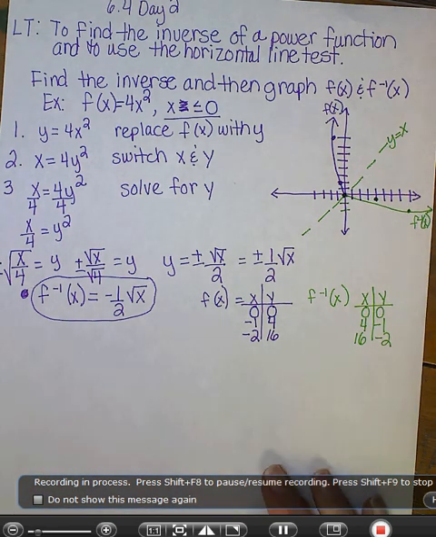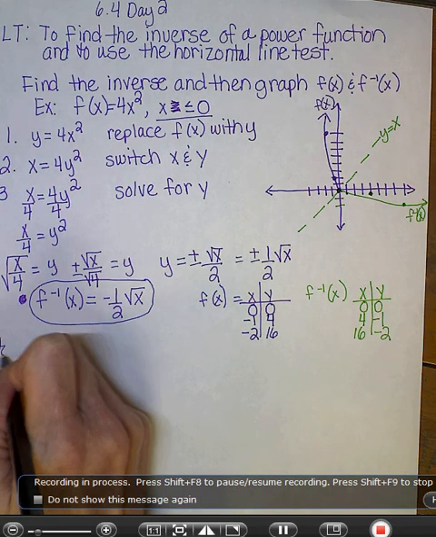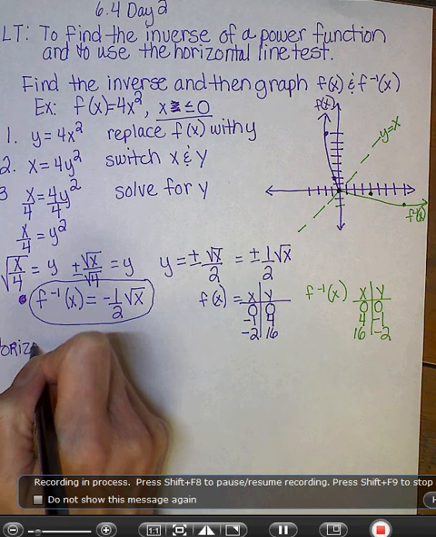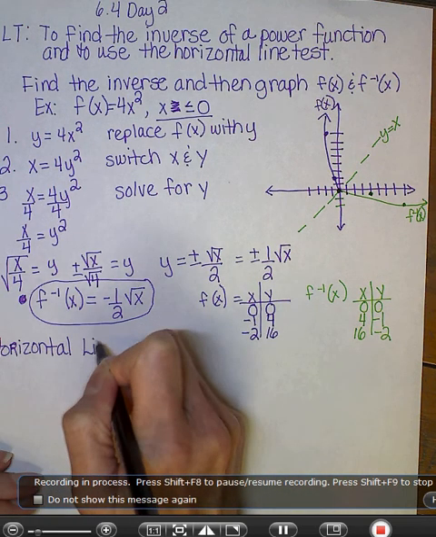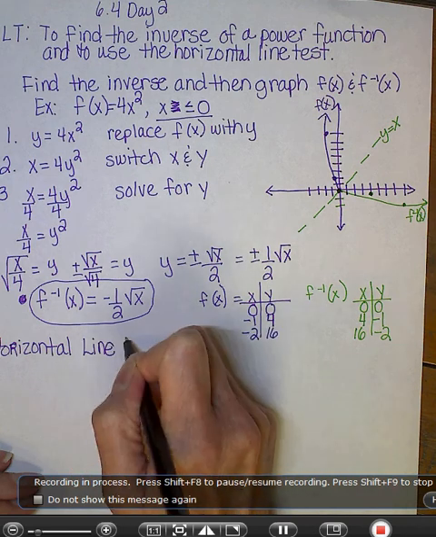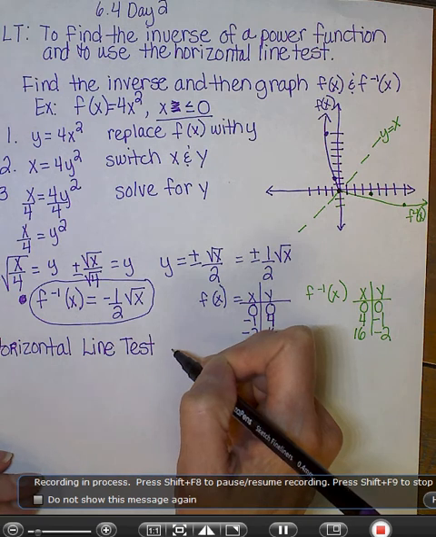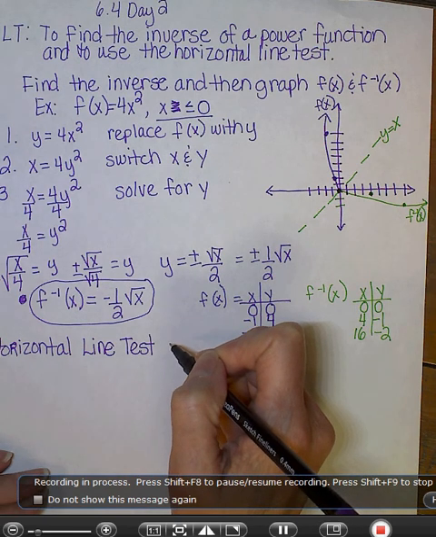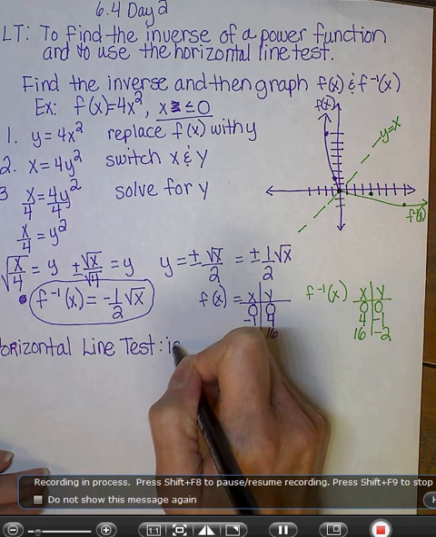Alright, now let's talk about the horizontal line test. Earlier this year, we did the vertical line test, and the vertical line test is used to determine if something is a function or not. And the horizontal line test is similar.